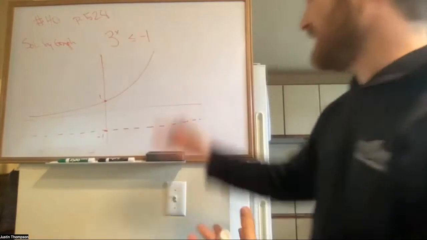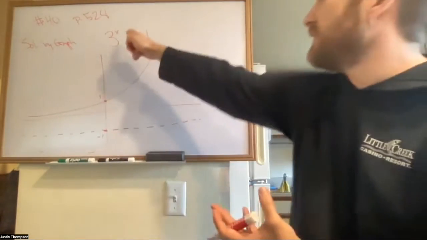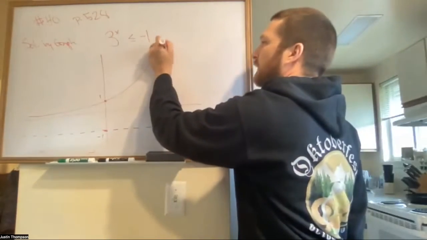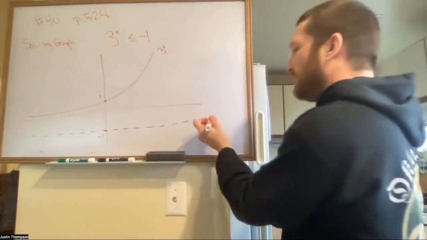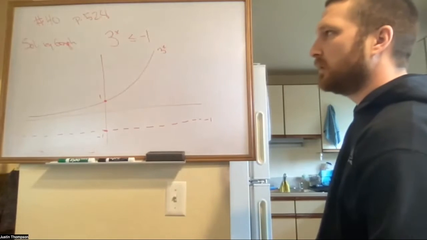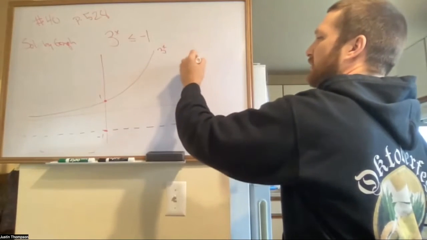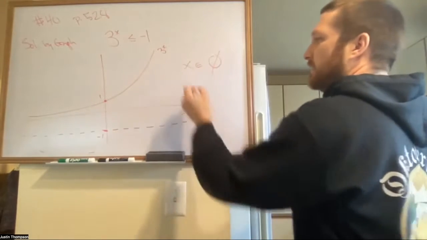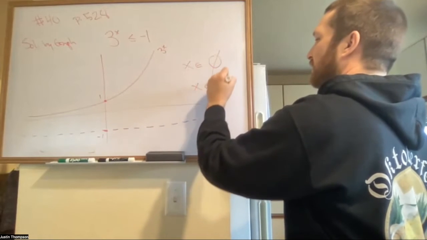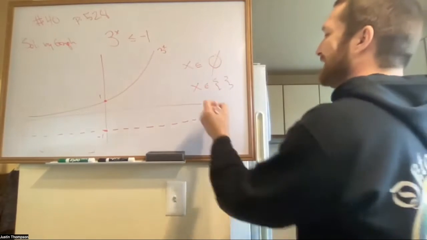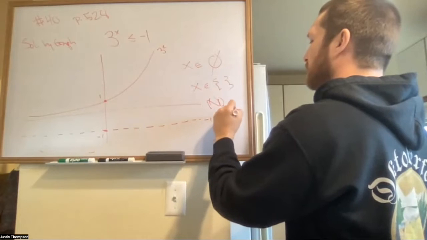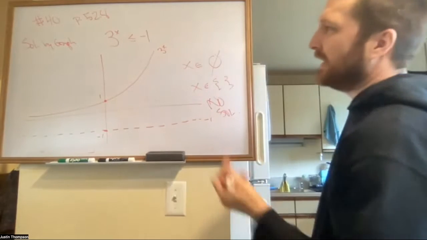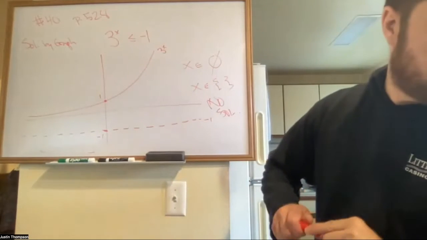I'd say, well, that's never the case. 3 to the x is always bigger than -1. And so in this case, we'd say it's no solution. It's the empty set. There's a bunch of different ways of doing that. There's the empty set, or you could just say no solution. At any rate, I don't think they're going to give you anything funky like that.